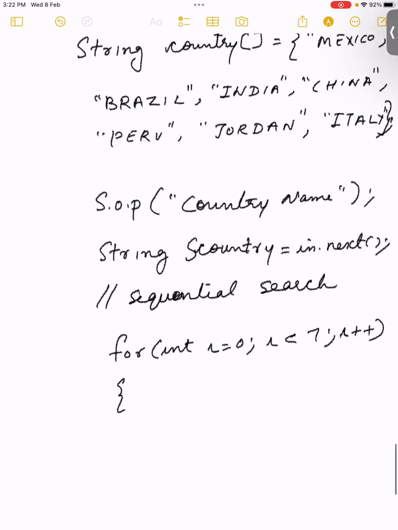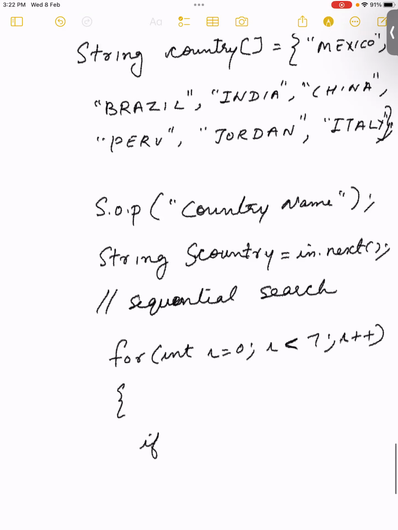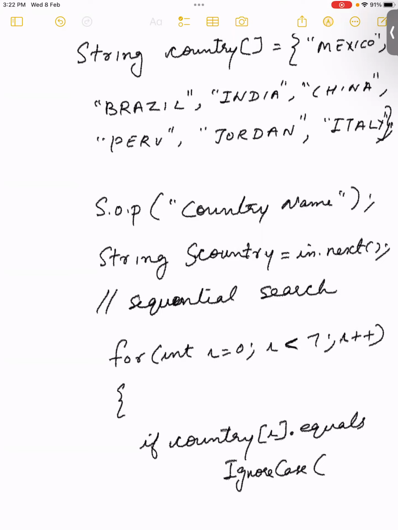That is the reason I'm doing i less than 7 here. And what do I check? If country of i dot equalsIgnoreCase, in bracket, what do I write? This one, what I have inputted, sCountry.